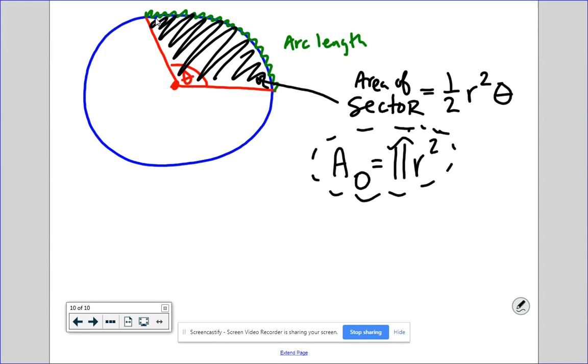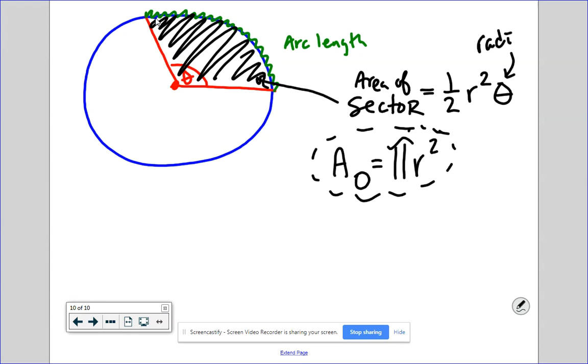I'm still finding area, and if we're finding area, I have to square the radius. But now I'm not finding the whole circle, I'm finding part of it. So instead of just doing pi r squared, I'm taking theta, which has a pi in it of some kind, and I'm multiplying it by 1/2. Okay? So, and again, what is theta assuming? That the angle is in what?